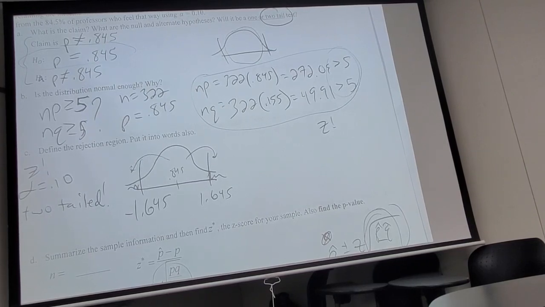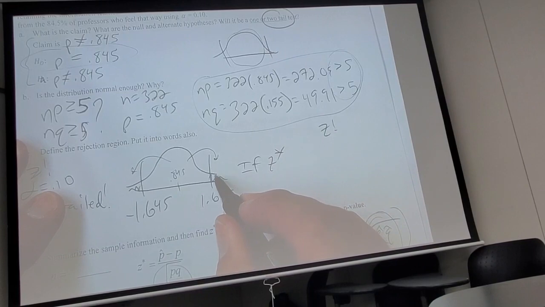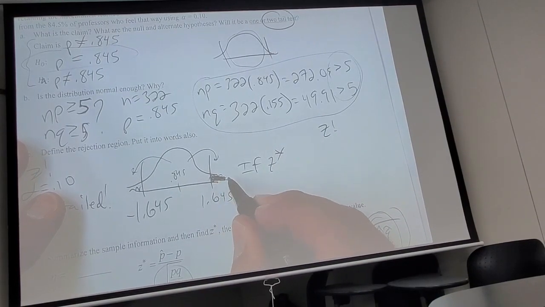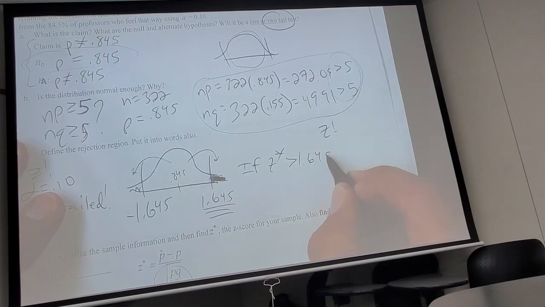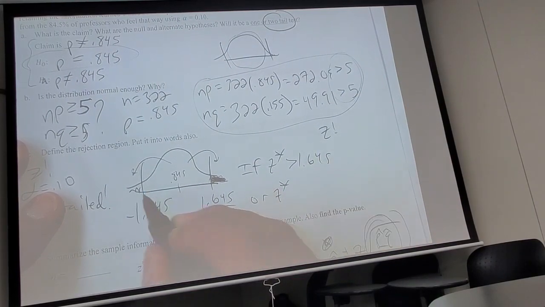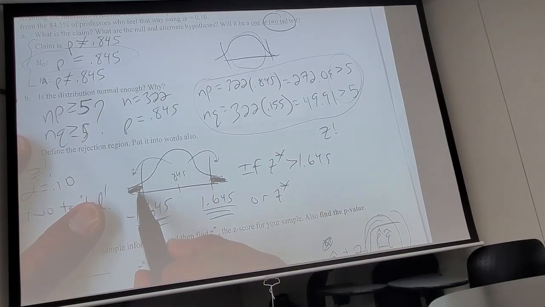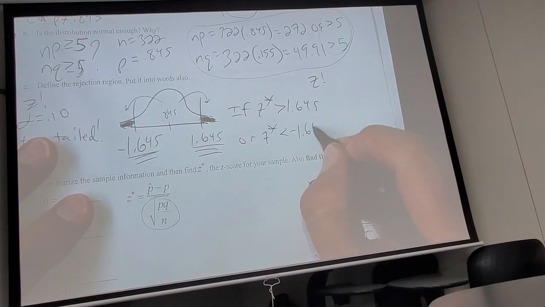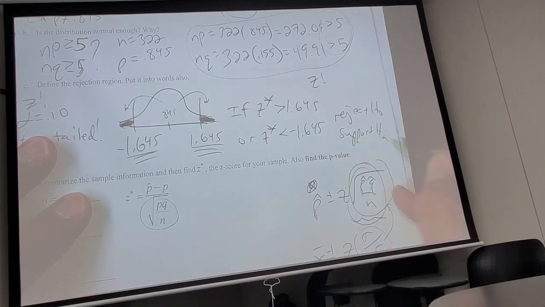So how do I say this in words? How do I get up in here? What has to be true about my z star? How does it relate to this? Greater. Z star is greater than 1.645. Or z star is? How do we get down there? Less than negative 1.645. If that's true, we reject the null, support the Ha.